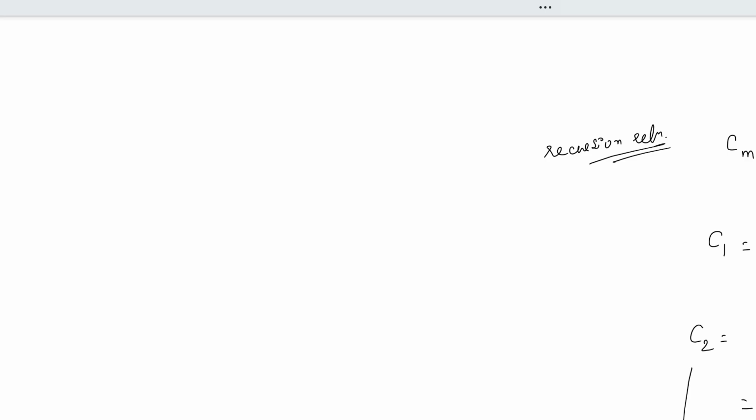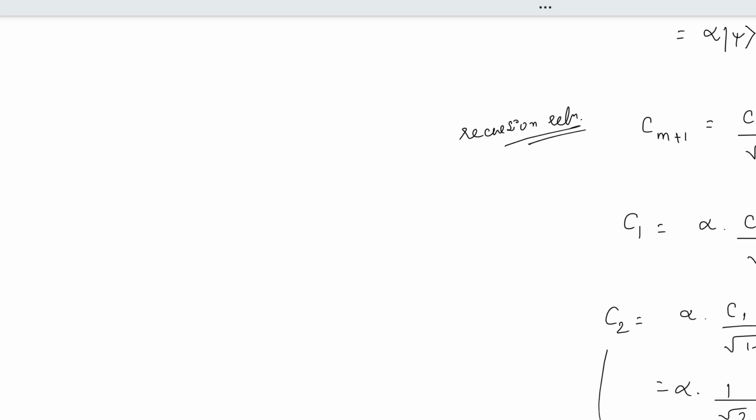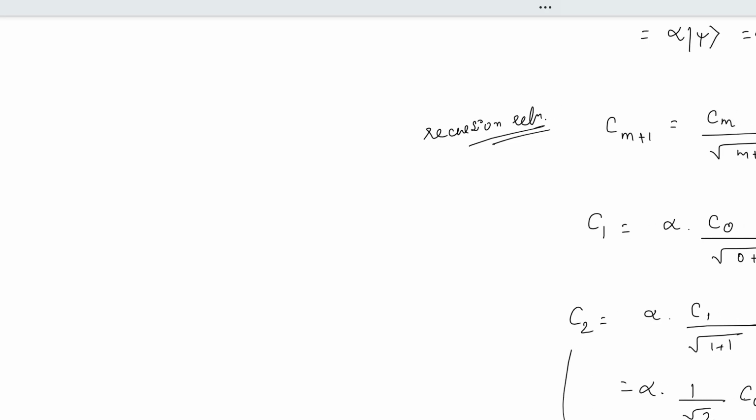Now if you go on like this, you will see that this may be misleading if I just stop right at C2, but if you go to C3, you will get alpha times C2 by root of 2 plus 1, which is 3. That means you are getting alpha by root 3 into C2, which is alpha squared by root of 2 C0.